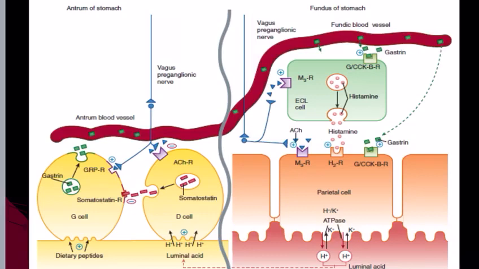The parietal cells contain receptors for gastrin, that is CCK, cholecystokinin B, histamine H2, and acetylcholine, muscarinic M3 receptors.